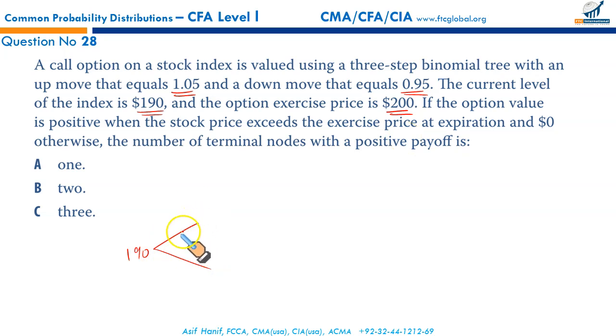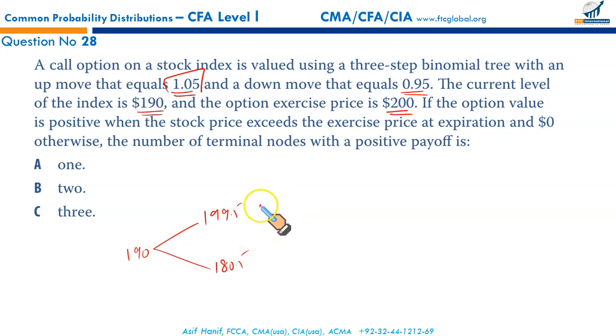190 up move will raise 190 by 5%. 190 times 1.05 is 199.5. And a down move will mean 0.95 times, it's going to be 180.5.